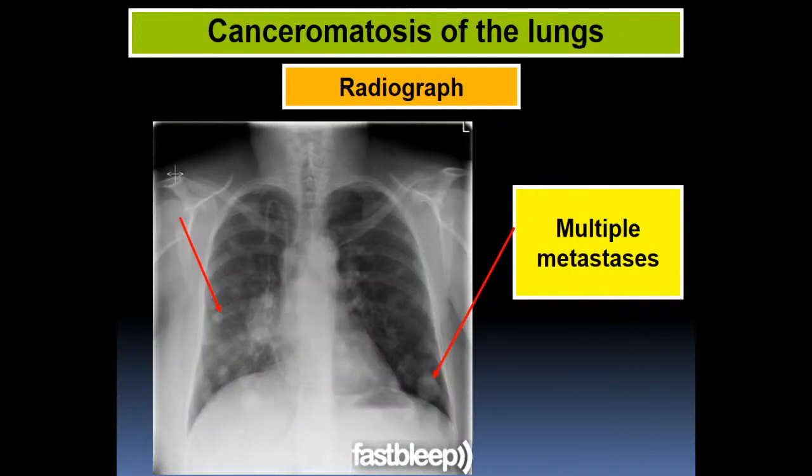Next disease for differentiation, canceromatosis of the lungs. On X-ray in this disease, we can see many focal shadows. This is multiple metastasis, but can be like dissemination.